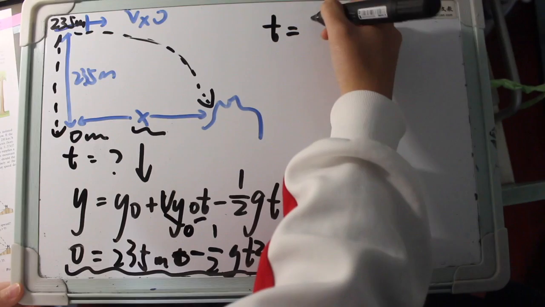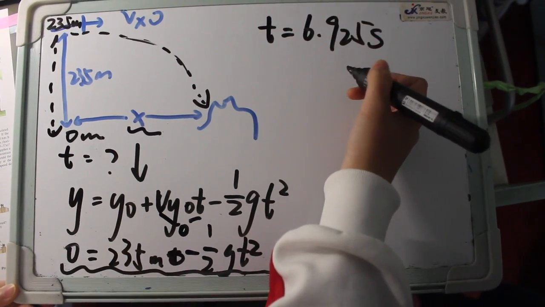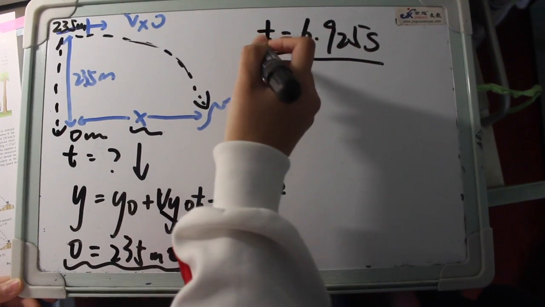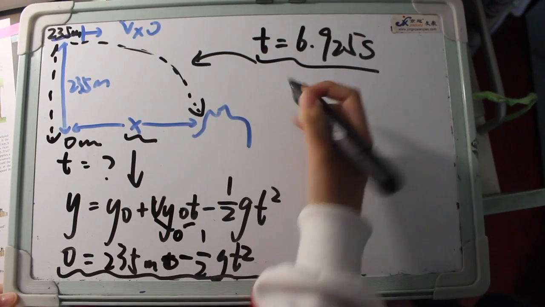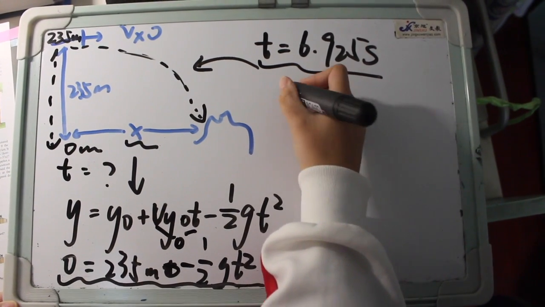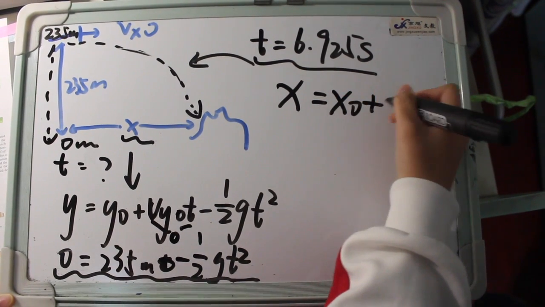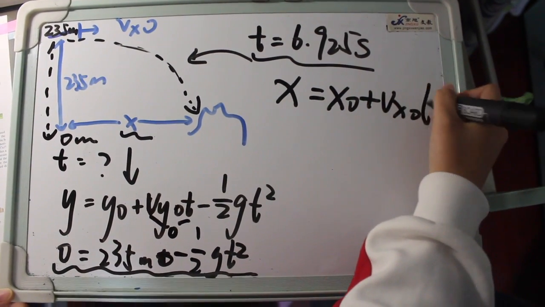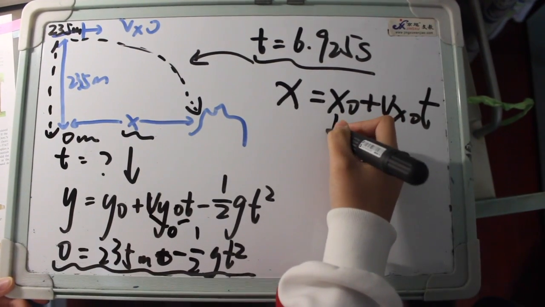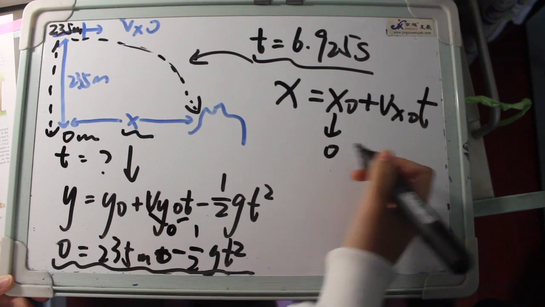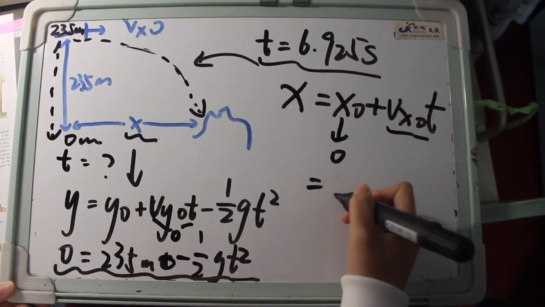T equals 0.925 seconds. This is the time to drop it down. After this, we can use x, because the x0 is 0. We could get Vx0.